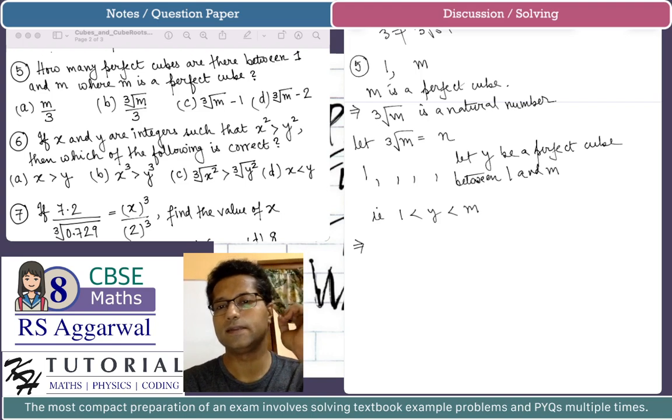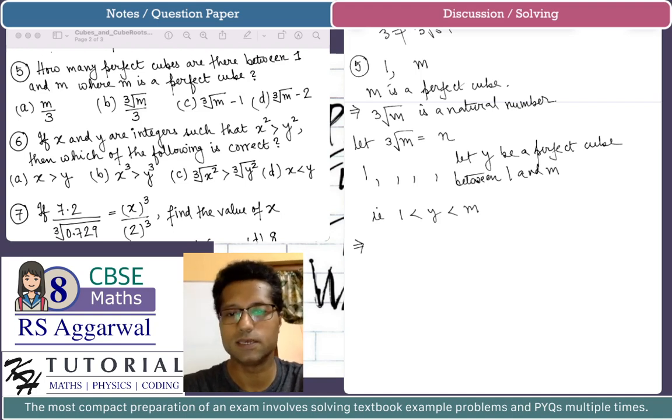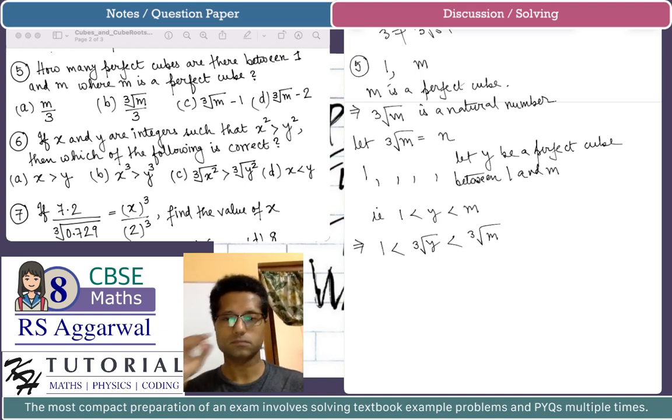So if we consider all the y to be perfect cubes that lie between 1 and m, we can say that the cube root of y will also lie between 1 and the cube root of m. We have to find all the possible y's, where y is a perfect cube that we have considered lying between 1 and m. So y is greater than 1 and less than m. This also means the cube root of y will lie between 1 and the cube root of m. Now the cube root of y is a natural number.